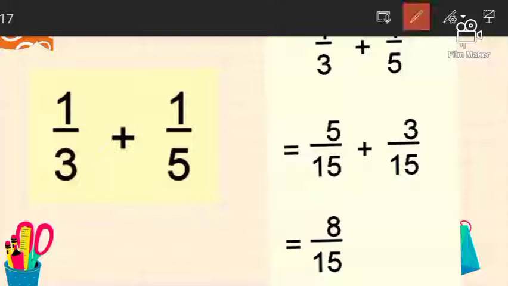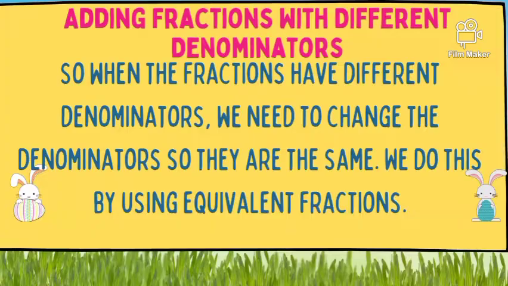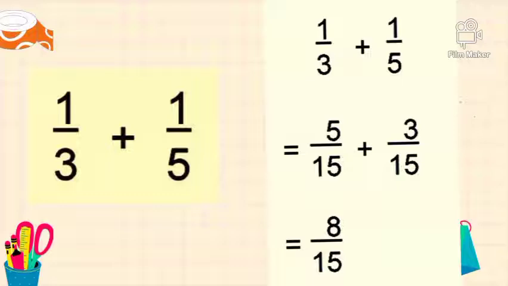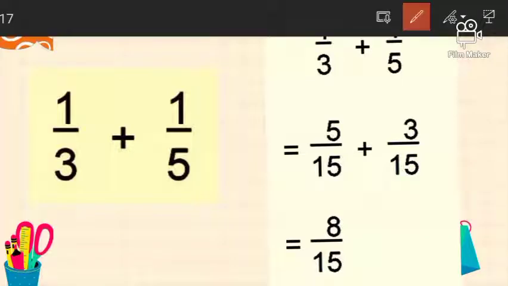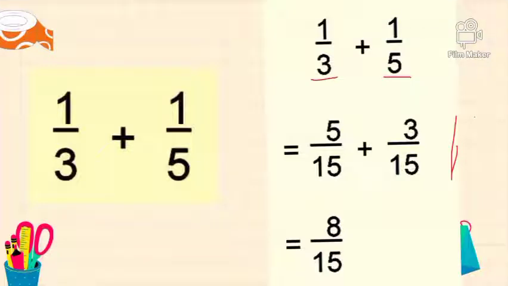First method, let's see what is the LCM. The LCM of this is what? 15, because LCM of 5 and 3 is 15. So what do we do? 15 divided by 3 is what? 5.